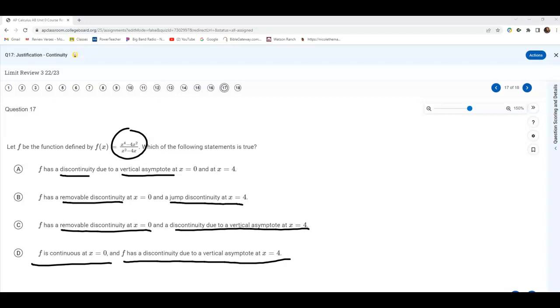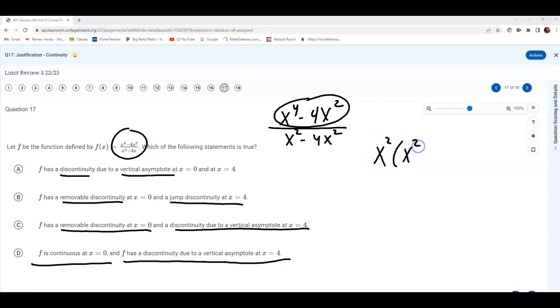Okay, so let's go ahead and start by factoring these expressions here. First of all, on the top, I can take out an x squared. And on the bottom, I can take out an x squared.